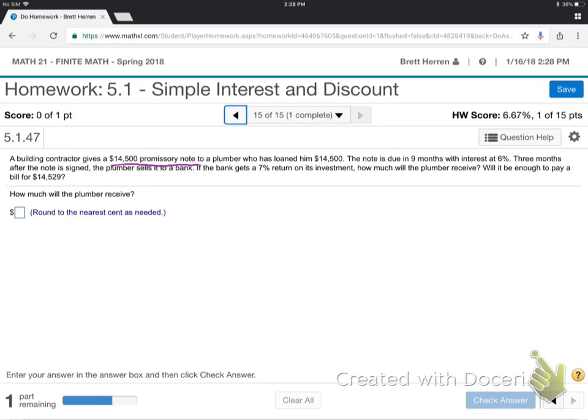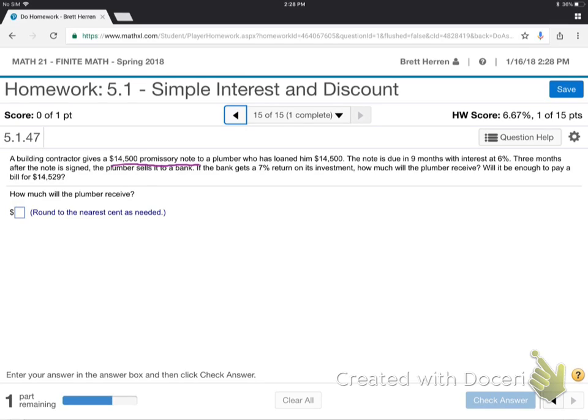The note is due in 9 months with interest 6%. 3 months after the note is signed, the plumber sells it to the bank. If the bank gets a 7% return on its investment, how much will the plumber receive? Will it be enough to pay a bill for $14,529? That's confusing, isn't it? All right, what's going on there?